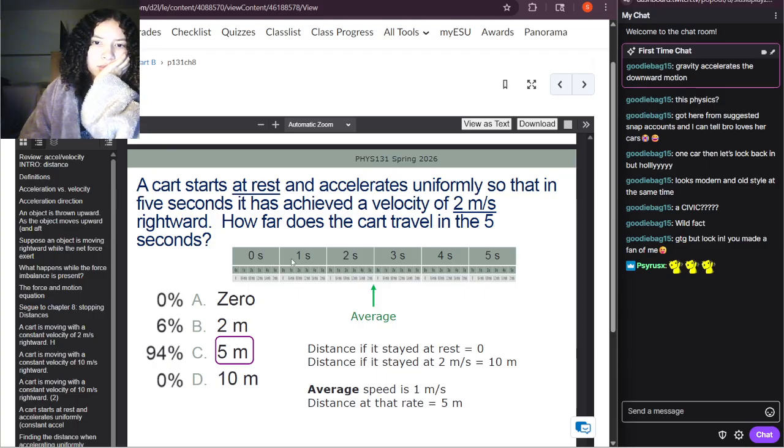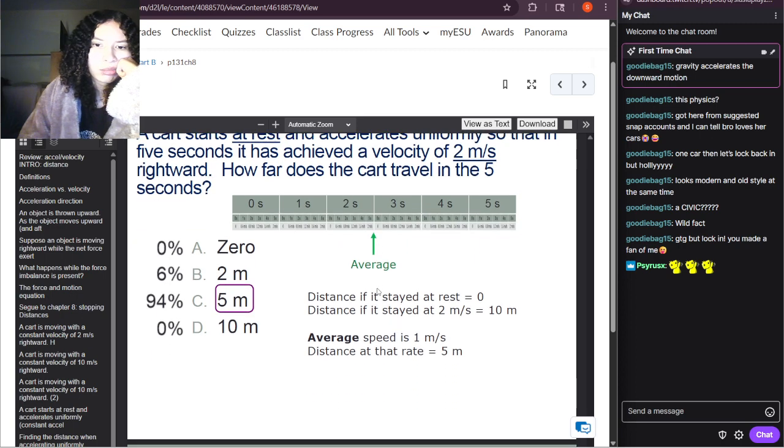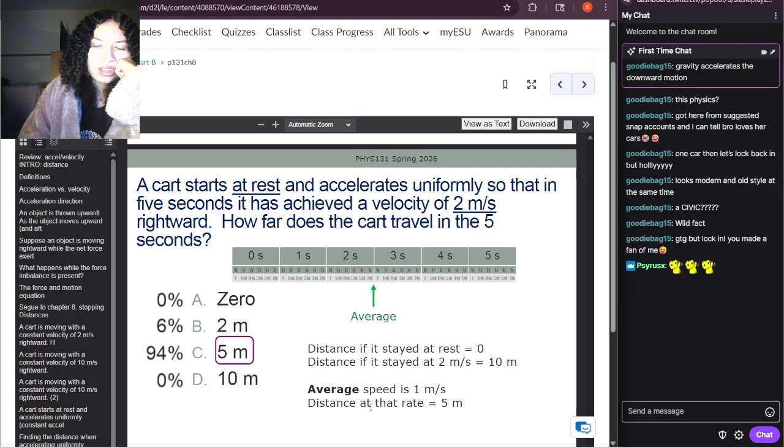What is this all about? The average of what? Average speed is 1 meter a second. Distance at that rate is 5 meters. Okay, so it's 1 meter per second is what we're using.